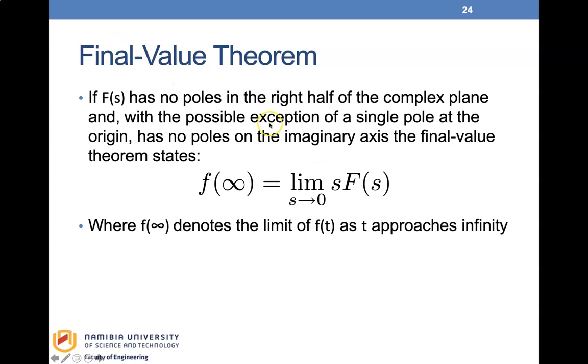And then the final value theorem, which is a very, very important theorem you need to take note of. It gives us very important information which you will see in the future. It says that if F of s has no poles in the right half of the complex plane, and with the possible exception of a single pole at the origin, has no poles on the imaginary axis, the final value theorem states that the time function at infinity will be equal to the result of your Laplace transform at s equals 0.